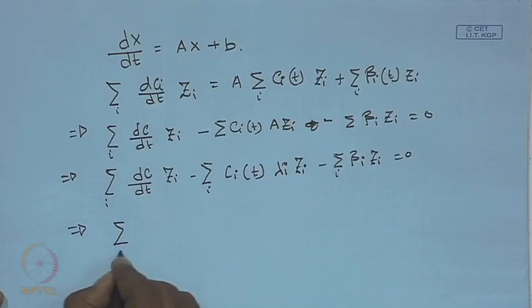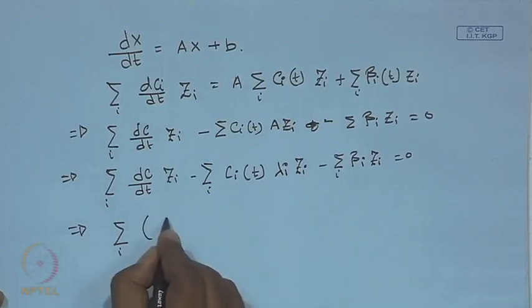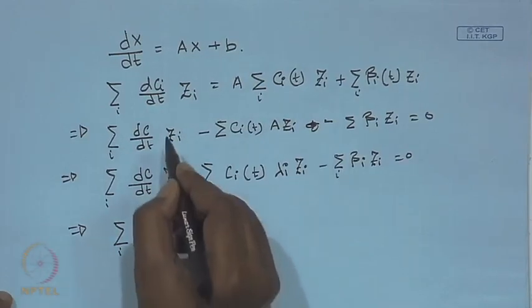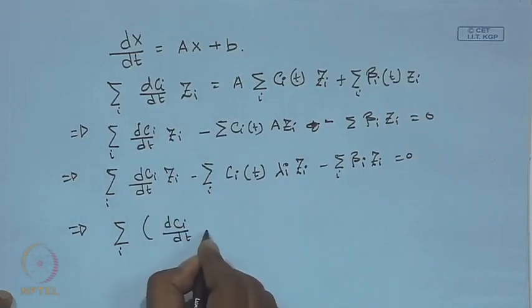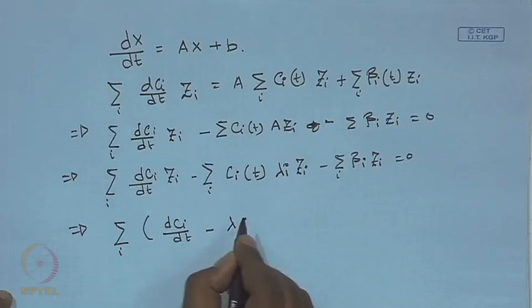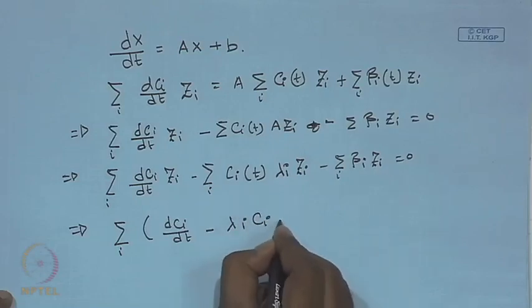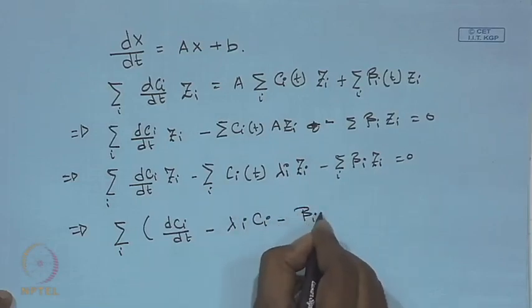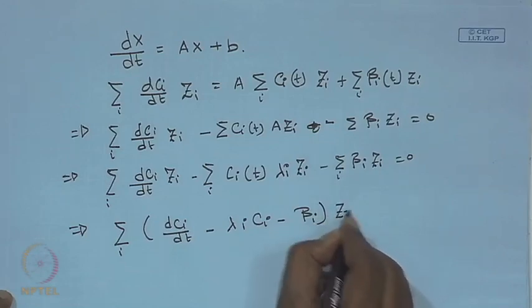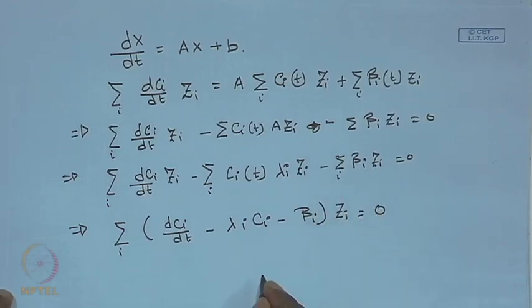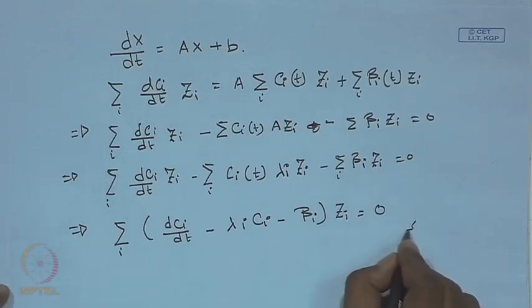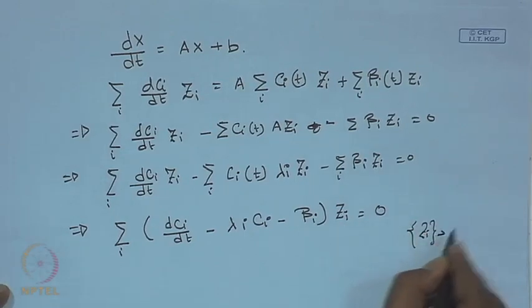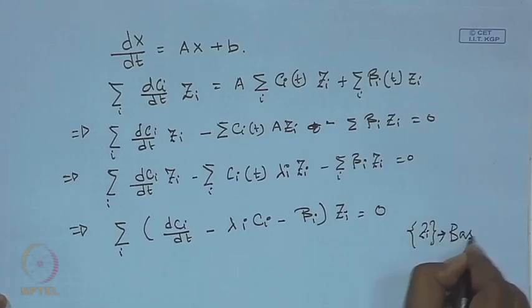Next, we bring everything under the summation. So, it becomes dc_i/dt minus lambda_i c_i minus beta_i times z_i equal to 0. And if we remember what these z_i's are, these z_i's are eigenvectors and they are independent of each other, independent vectors, and they form a basis set.